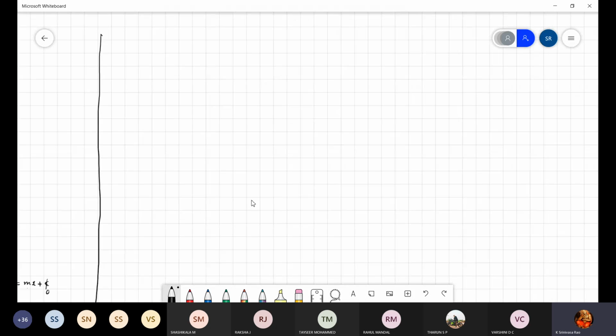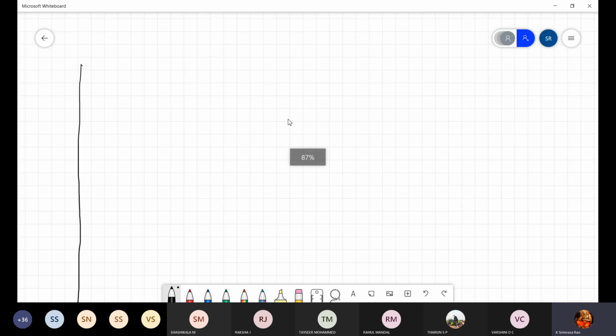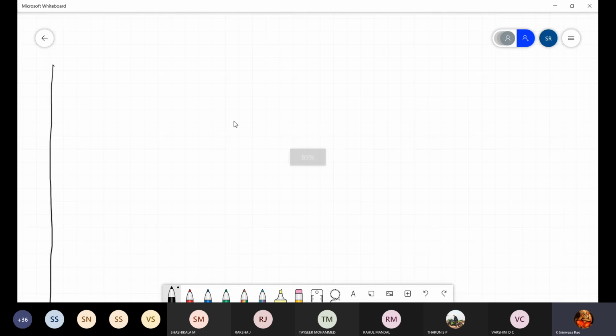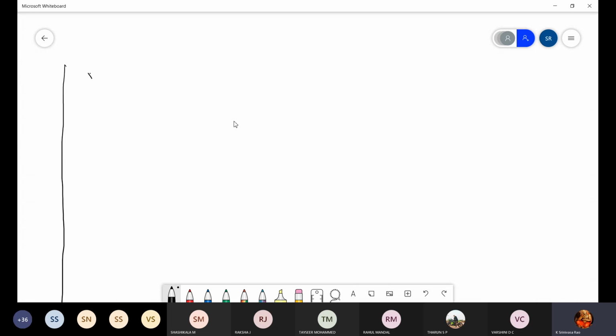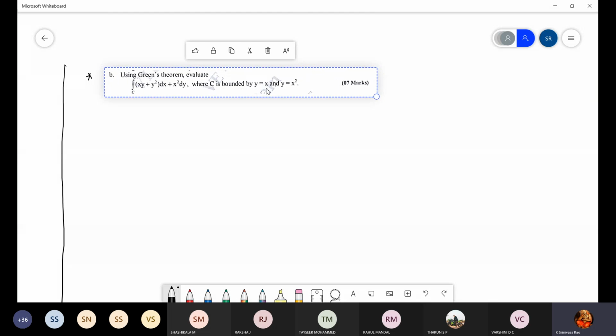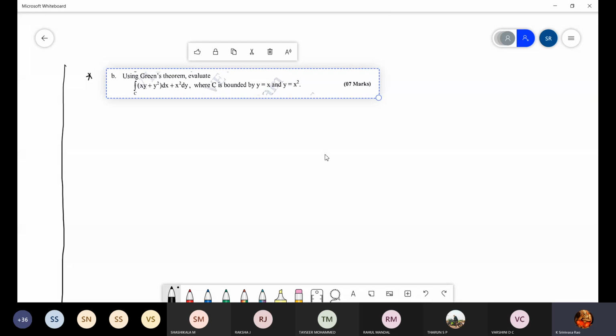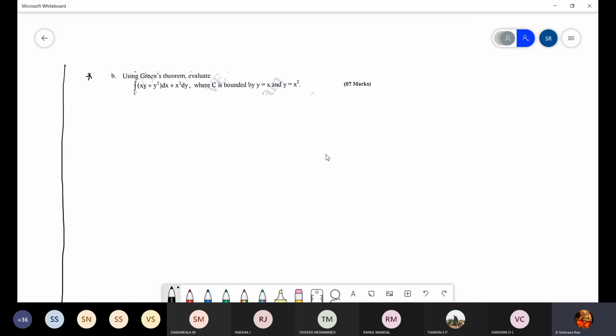Take down the first problem. It is a question paper problem, from last year's question paper, question 2B. In the last class, you saw that question paper.